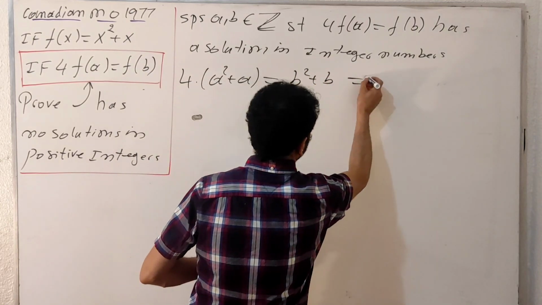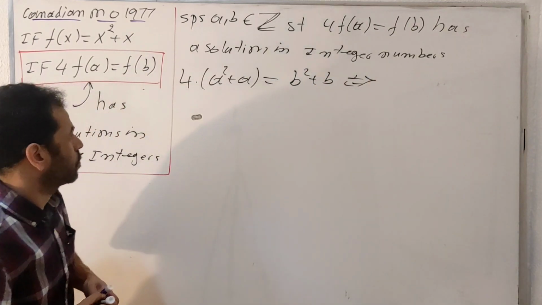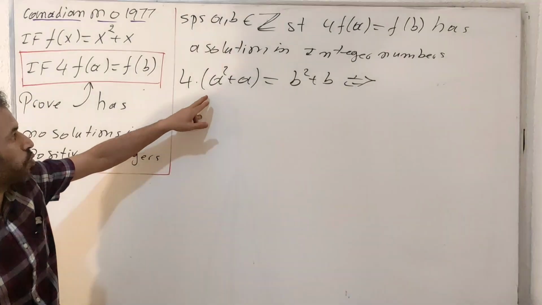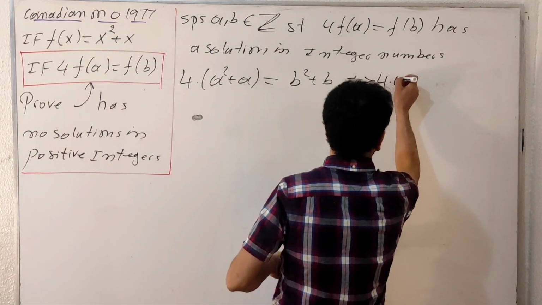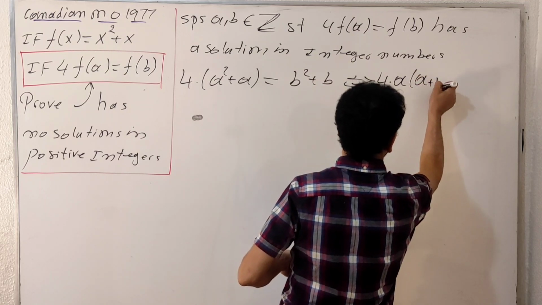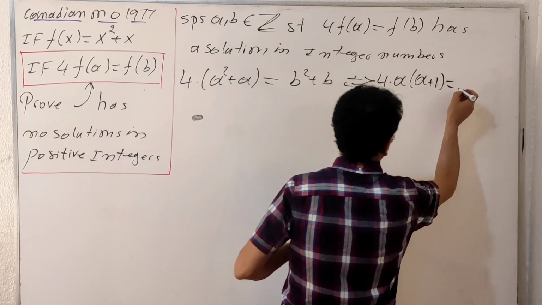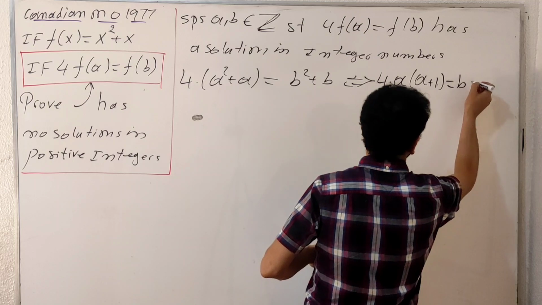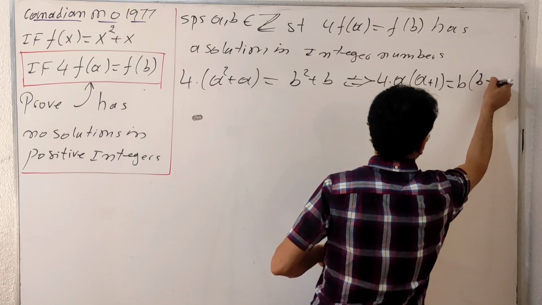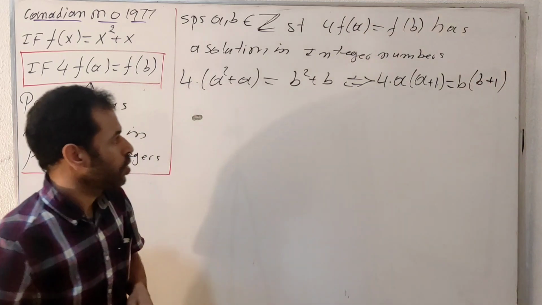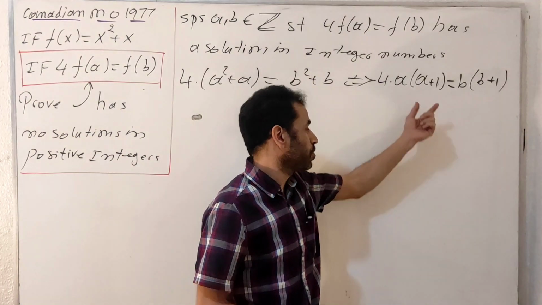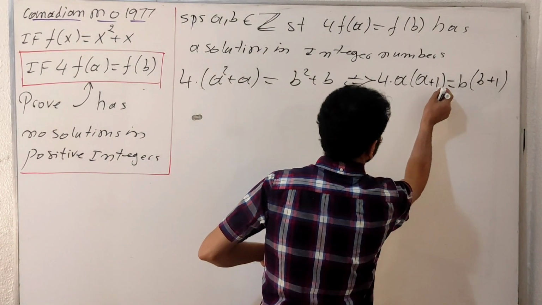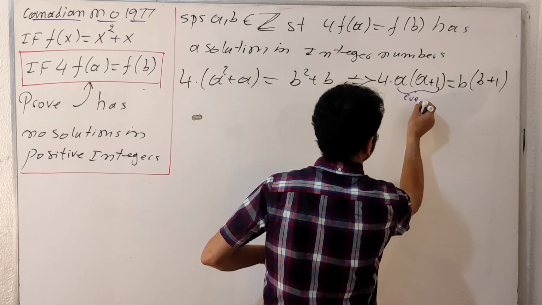Equivalently, on the left hand side, I'm going to take a out, and I will have 4 times a times (a plus 1). For the right hand side, I'm going to take b out as well, like this. So what is this telling us? This product is even.